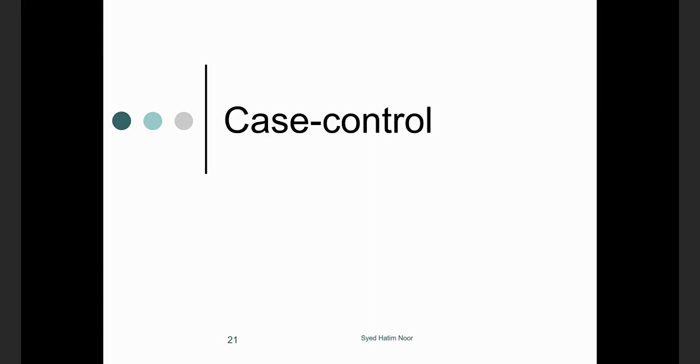A case is with disease, a control is without disease, meaning clean of disease. For example, if you are studying a psychiatric disorder, one case has schizophrenia, but for the control you cannot take another psychiatric disorder, because it must be clear of disease.